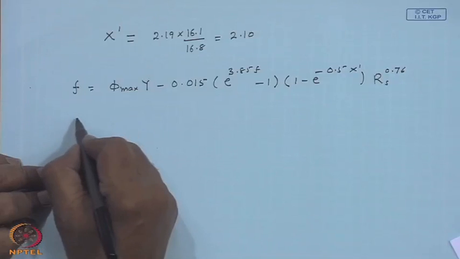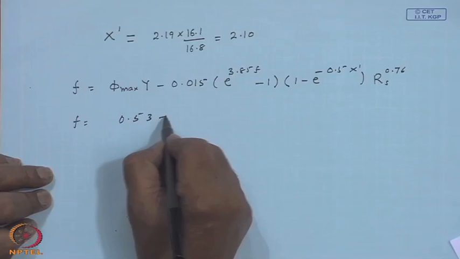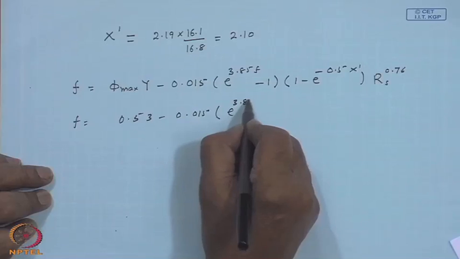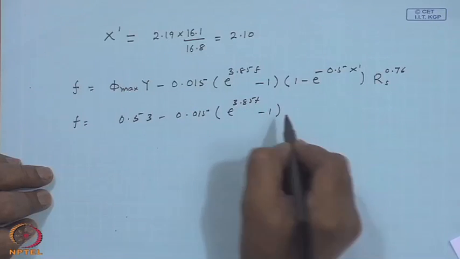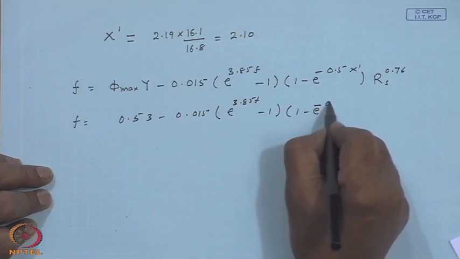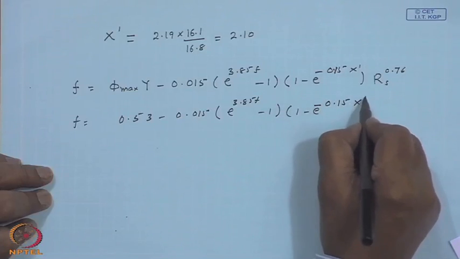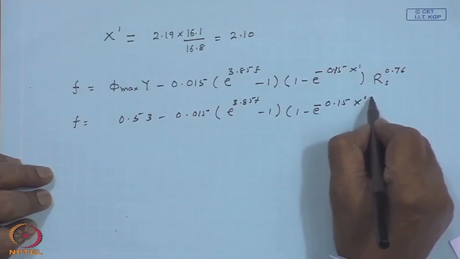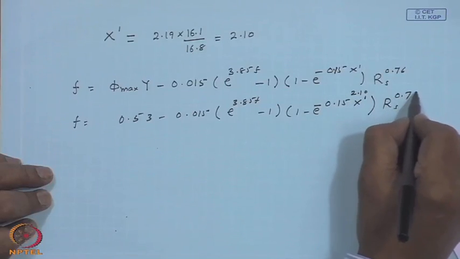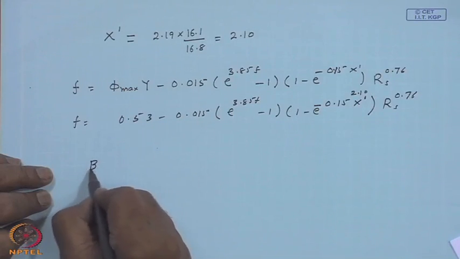So, you write it: f is now 0.53 minus 0.015 e to the power 3.85 f minus 1 into 1 minus e to the power minus 0.15, sorry, this should be minus 0.15 times x dashed, which is 2.10, times R s to the power 0.76. So, I set up myself the same table. Now, I will come out by iterative process.